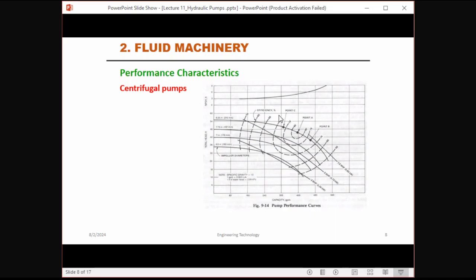Then point C is typically near the BEP. BEP means best efficiency point, where the pump operates most efficiently and effectively. So these are the things you should know.